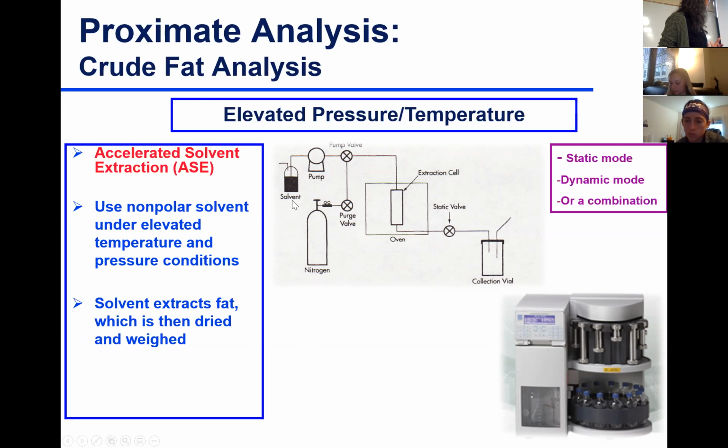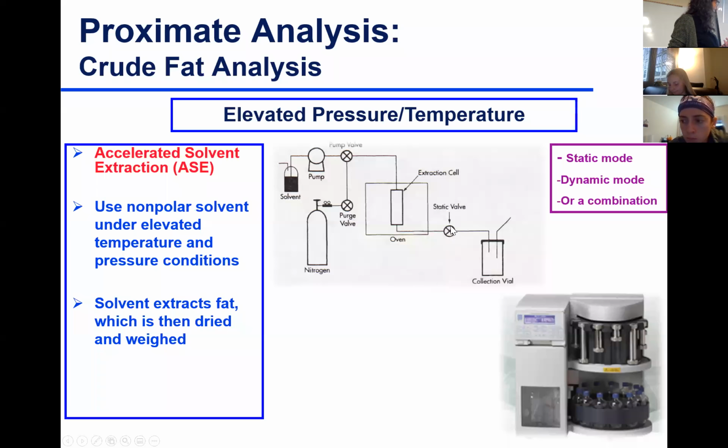So here's the setup. You have your pump and the solvent under pressure, and you're purging with nitrogen to not have any oxygen in there. And you open that valve, then your solvent comes here and you have high temperatures and pressures here. Again, you can operate in a static mode or dynamic mode.